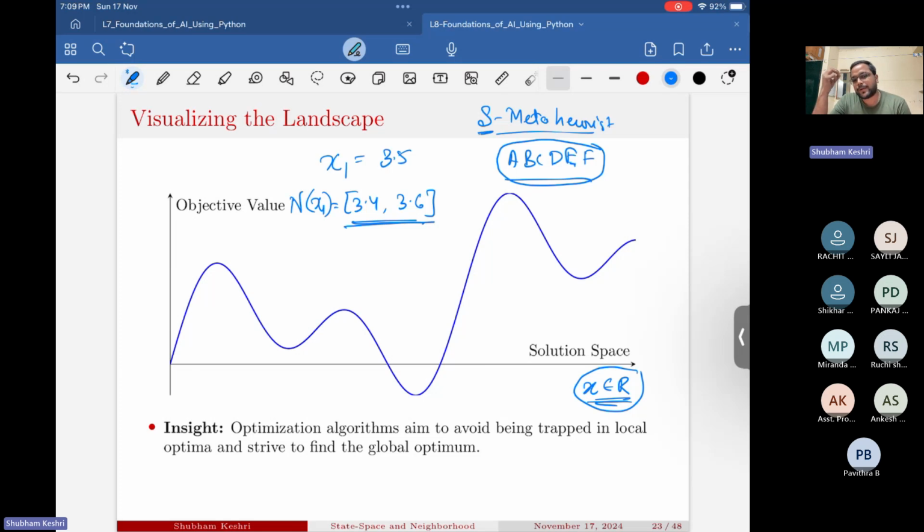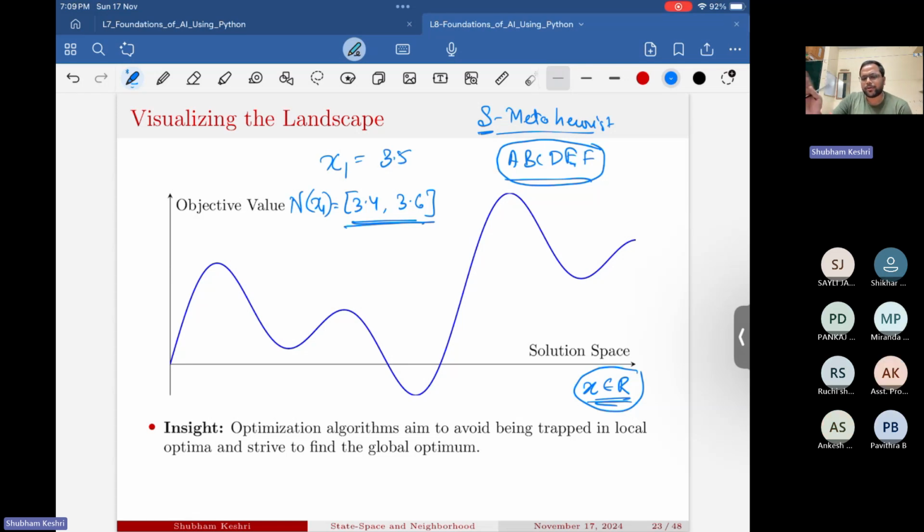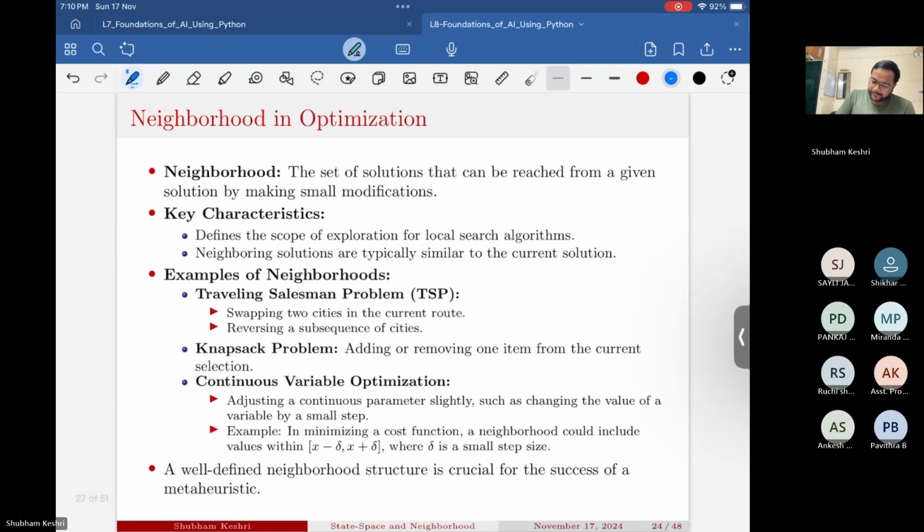If you don't have the concept of neighbors, you will not be able to use local search or any kind of metaheuristics, because you have to go from one solution to another with some connection. Neighborhood is important. Is it clear? We will talk about neighborhoods.